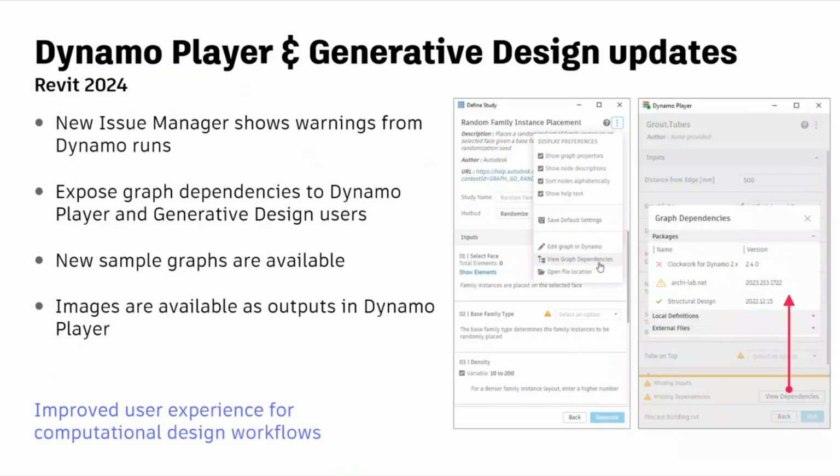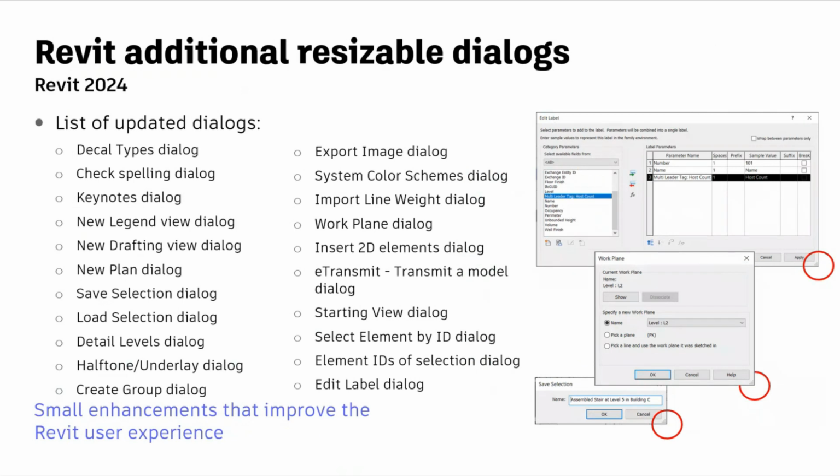Also with the Dynamo player, you can view graph issues and dependencies. You can add image outputs, and you can try out new sample graphs in the Dynamo player for 2024. So there's a lot of stuff here for any Dynamo users to enhance your design and documentation automation workflows.